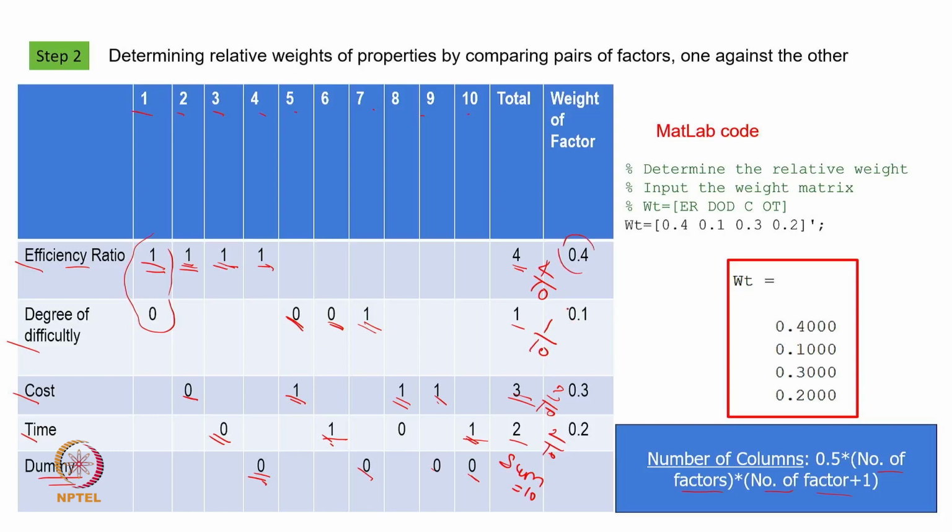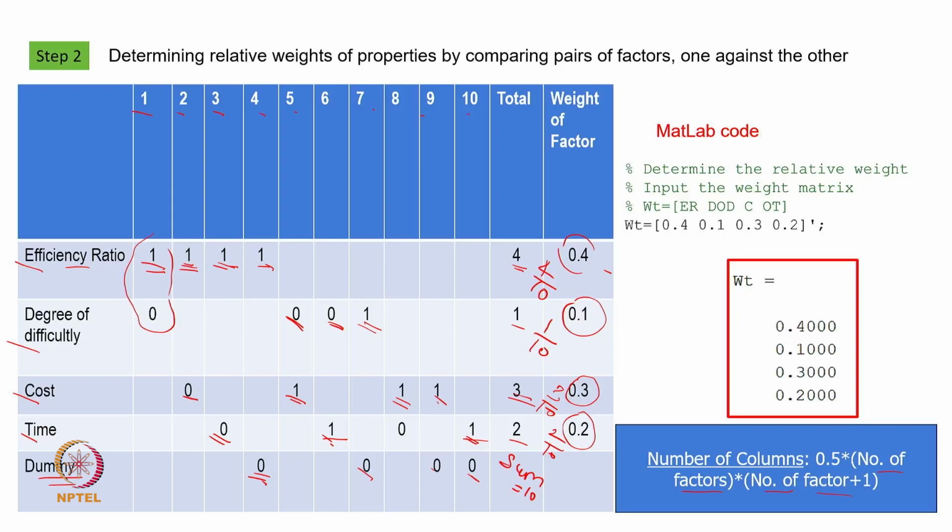That means we are going to give maximum weightage to the efficiency, the next weightage to the cost, then comes the time, and last is the degree of difficulty. So, minimum importance is being given, of course, it is not 0, still we are giving 10% weightage to the degree of difficulty.